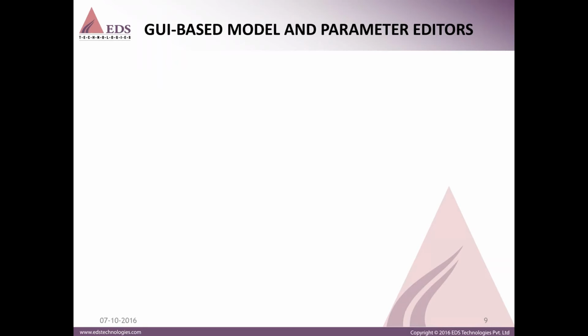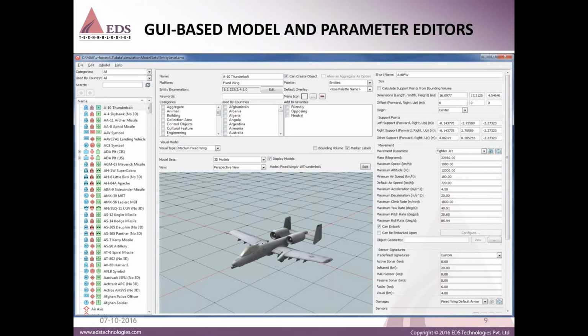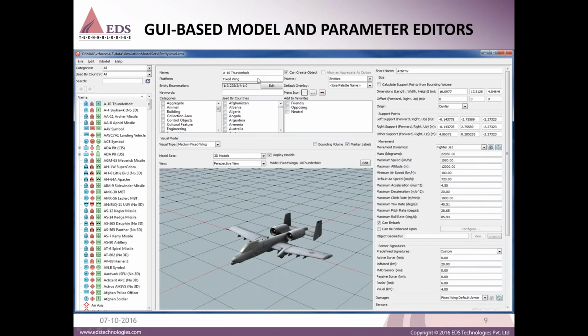Just now I told you that we have GUI-based model parameters. As you can see in this slide, there is one aircraft, a fixed wing aircraft, and we have a lot of default libraries of models. In that you can define what kind of platform it is: fixed wing, rotary wing, or land vehicle.